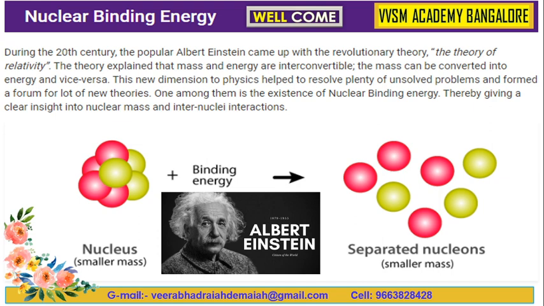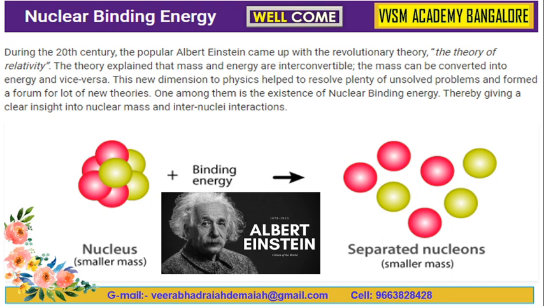During the 20th century, Albert Einstein, the great and well-known scientist in nuclear physics, came up with the revolutionary theory, the theory of relativity.